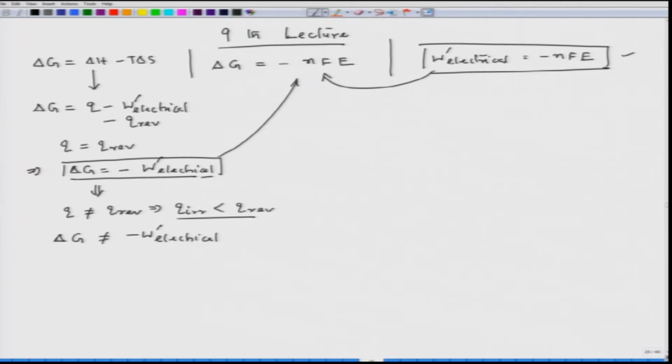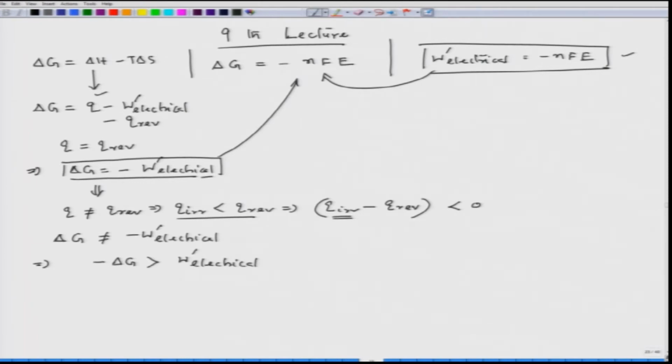Rather, if this is true, then Q irreversible minus Q reversible, in case of an irreversible process, is less than 0, because Q reversible is more than Q irreversible. If it is less than 0, then we get minus delta G is greater than W prime electrical.